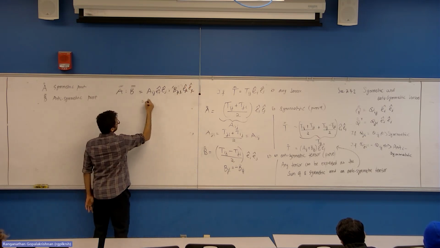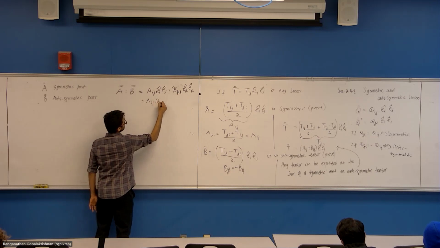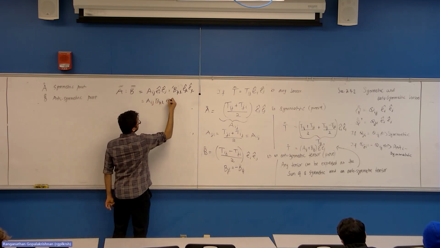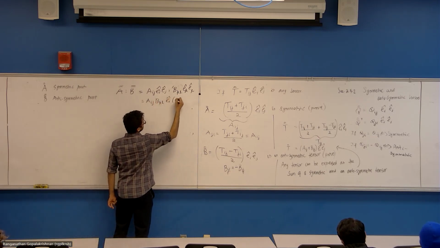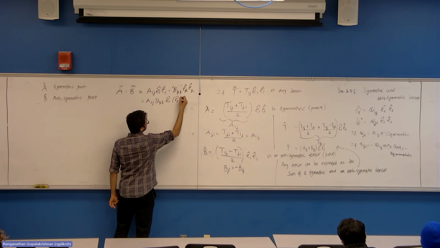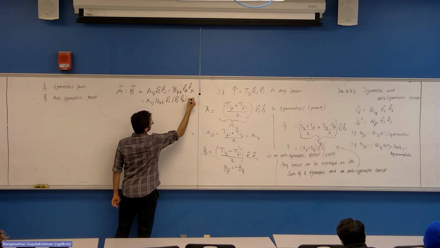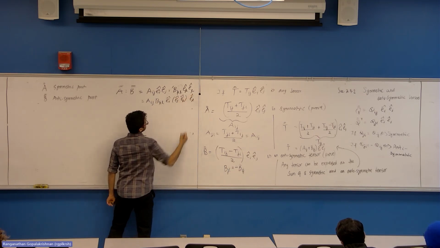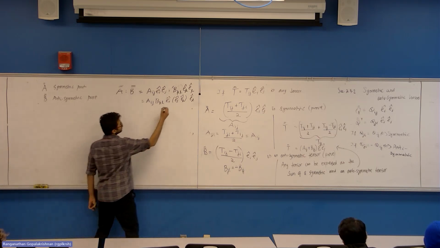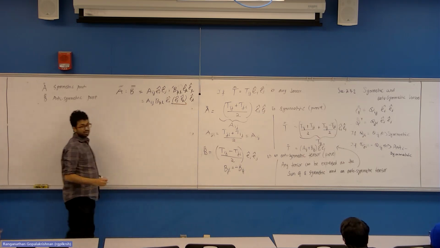This is Aij Bkl, Ei Ej dot Ek, and then there is also dot El. What is Ej dot Ek?